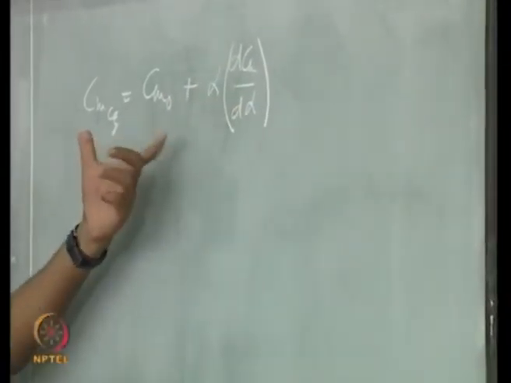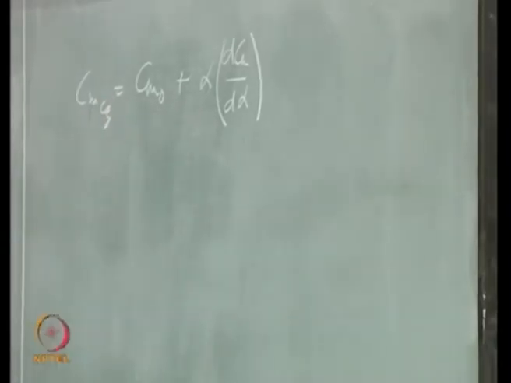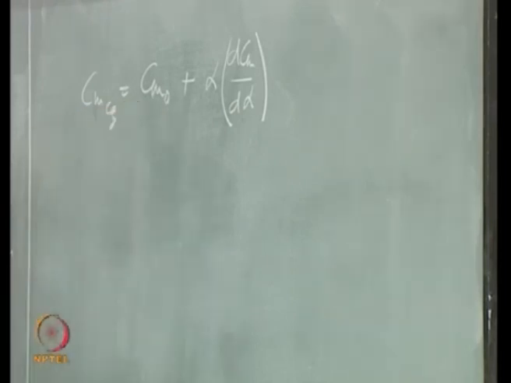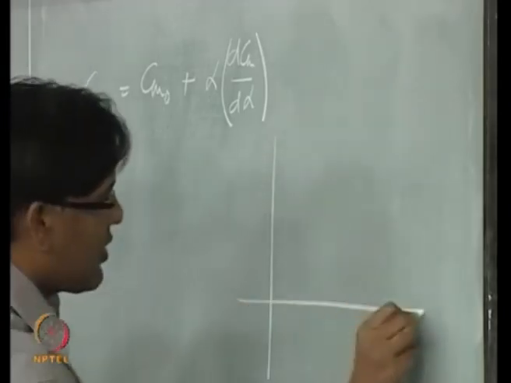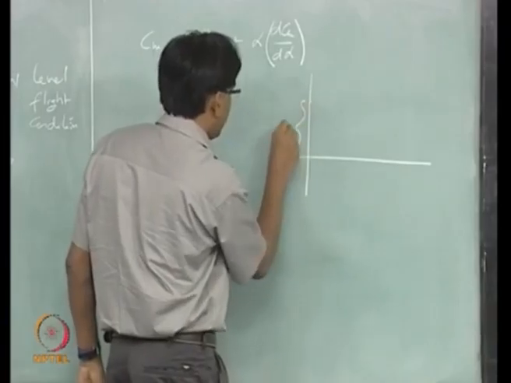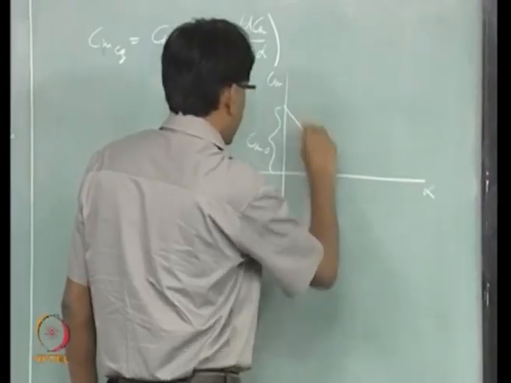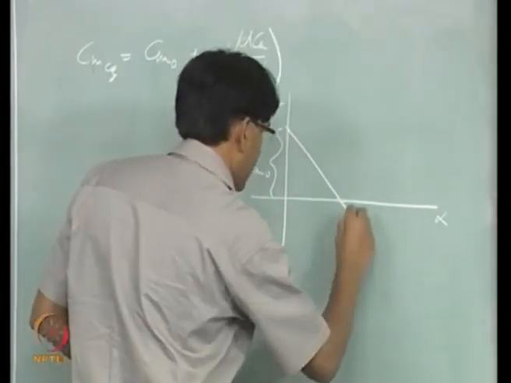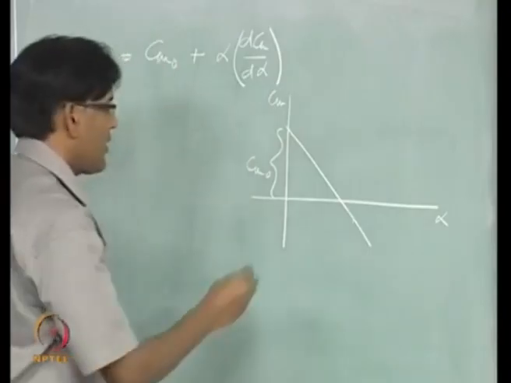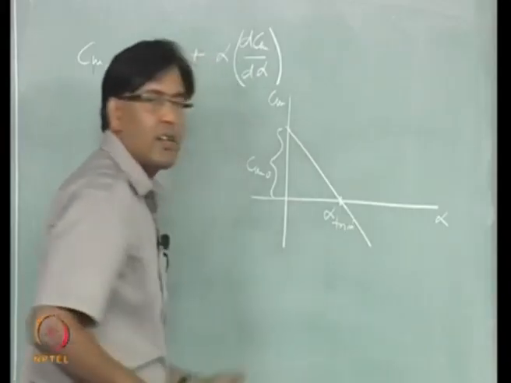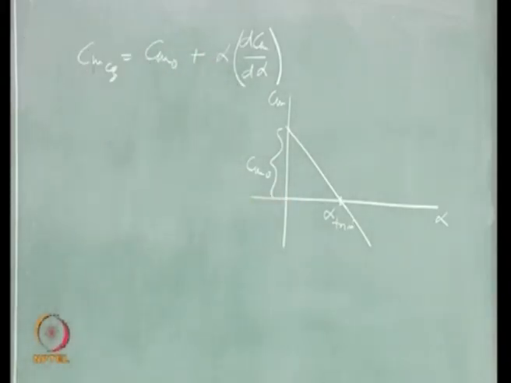Okay. So far we have looked at, we know these quantities so far, right. We found out expression for this dCm over d alpha and for Cm naught, right, and this is giving me, if I want to plot this, one alpha trim, right.